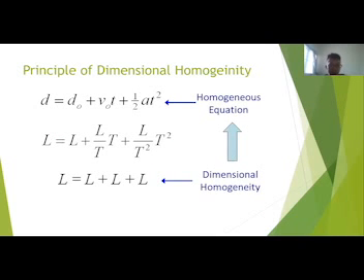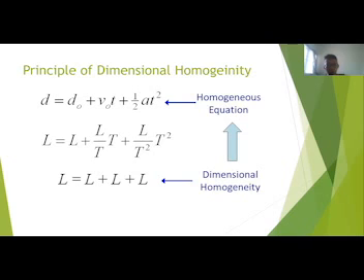So this is an example of principle of dimensional homogeneity. As you can see, we are given the equation d equals d naught plus v naught t plus 1 over 2 a t squared. As we know, the dimension of displacement is length. So we will be changing it to dimension format. Length equals to length, d naught is length, the dimension of v naught is length over time, and t is time, capital T, plus length over T squared is a.